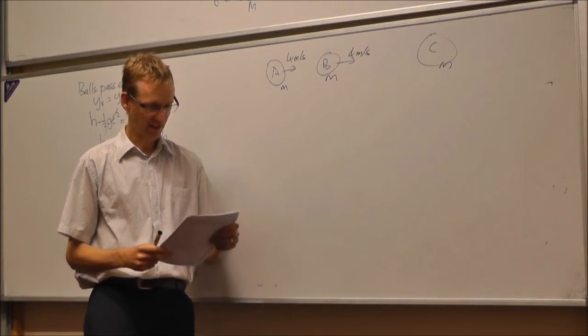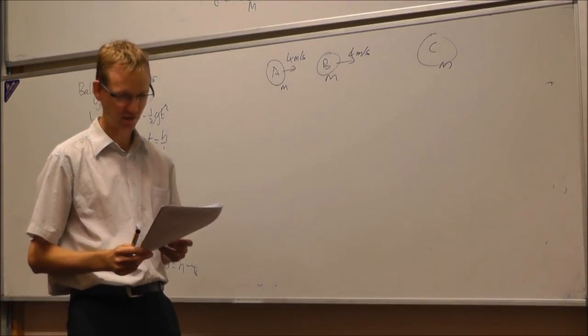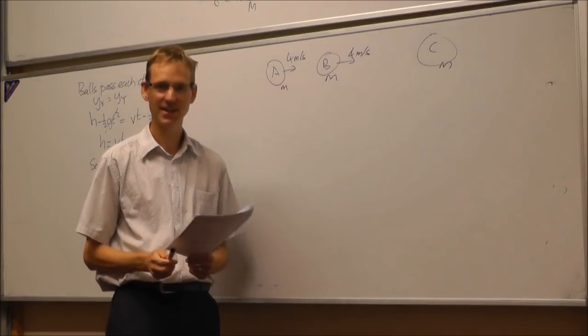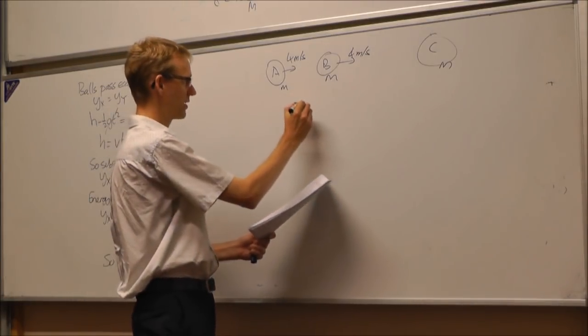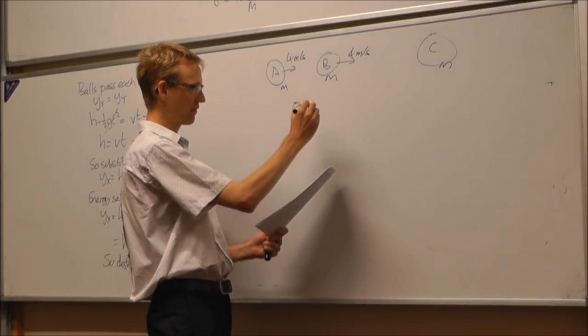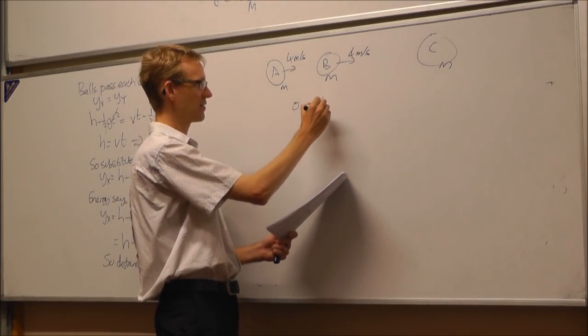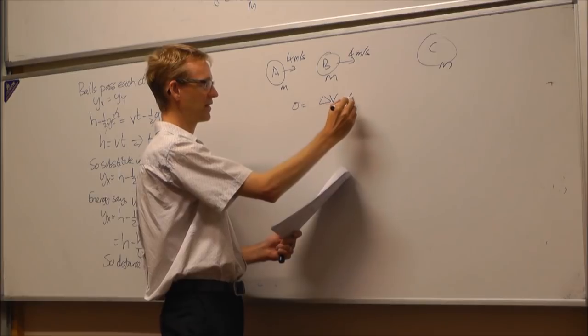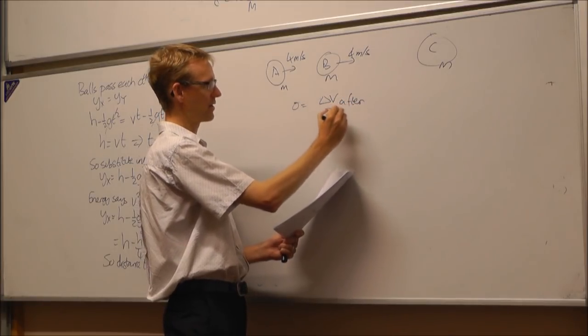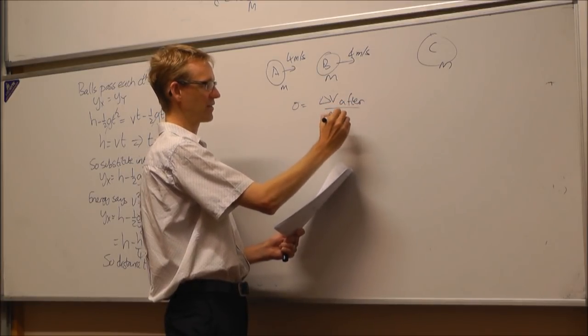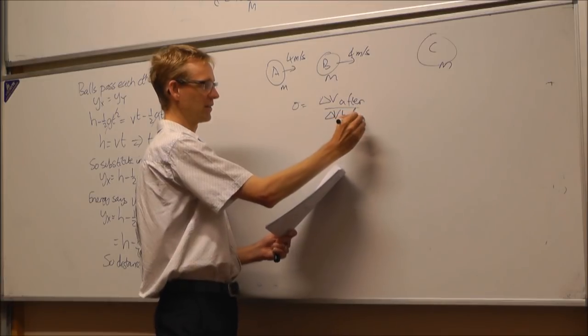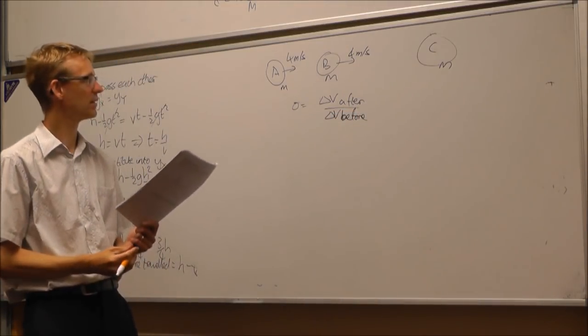Okay, and then it says, for a collision of a pair of objects, the coefficient of restitution, sigma, is calculated by sigma being the difference in velocities after the collision, so it's delta V after, divided by the difference in velocities before, delta V before.